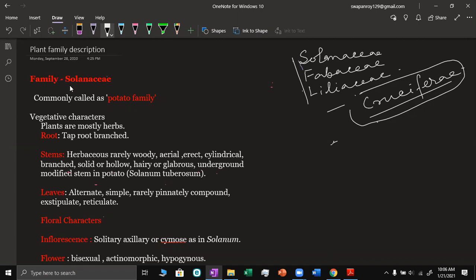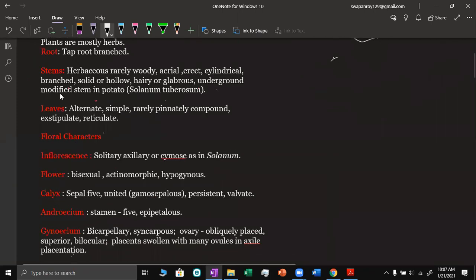This one, Solanaceae, is known as the potato family, because potato is the main and important member of this family. In the Solanaceae, plants are mostly herbs. Few shrubs are there. The root system is taproot.